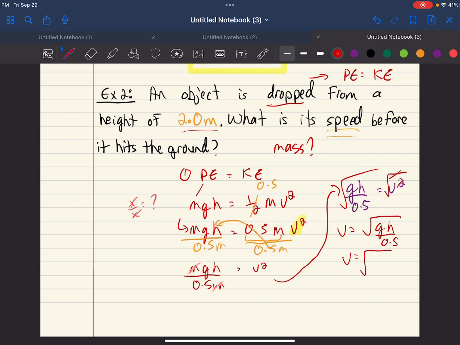I plug in my values in the calculator as follows. And keeping with the significant figures, I end up getting a value of 6.3 meters per second.